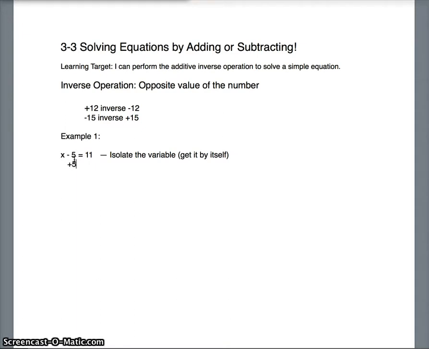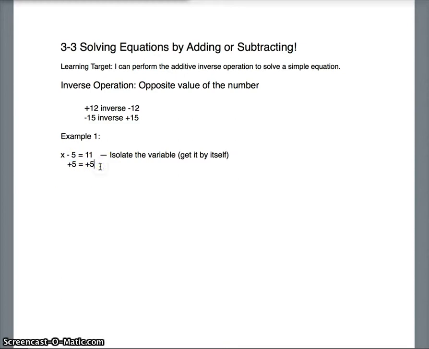So we add 5 to this side of the equation, but we have to keep our equation balanced. So whatever we do to this side, we have to do to this side over here. So these two numbers, a negative 5 and the positive 5, cancel each other out because negative 5 plus a positive 5 is 0.